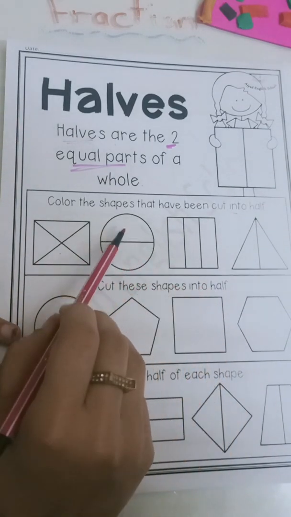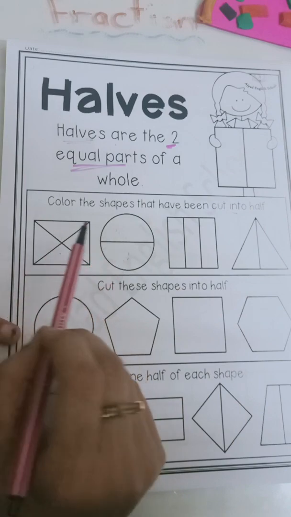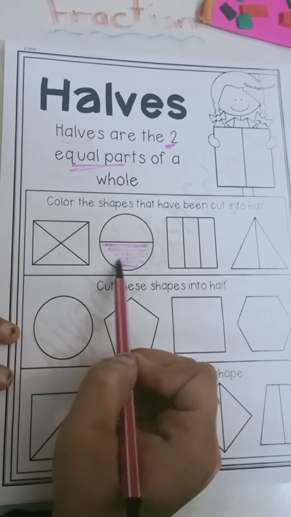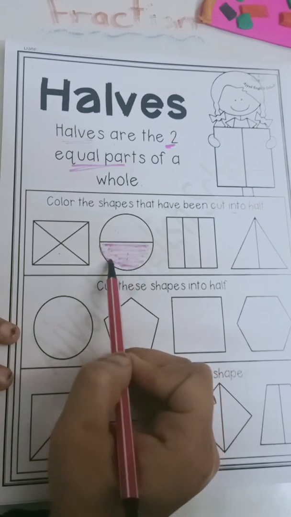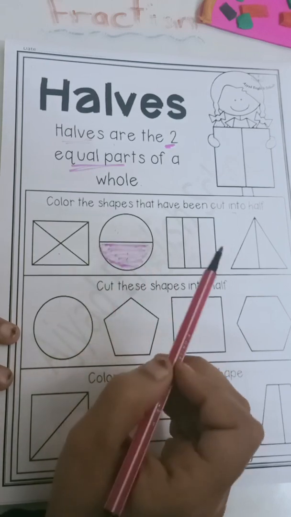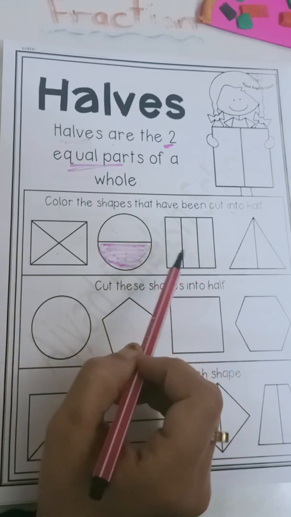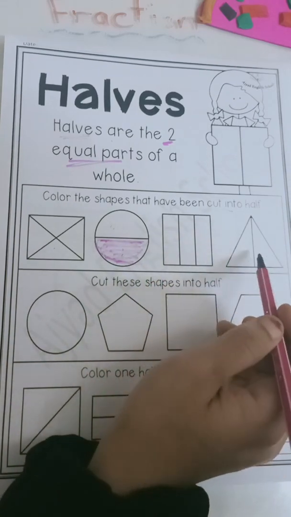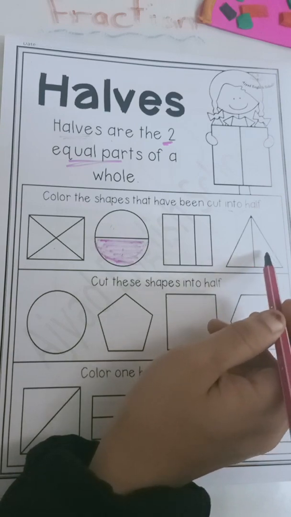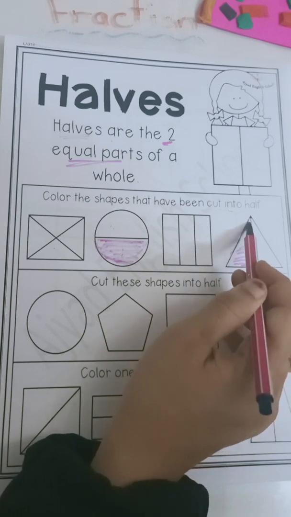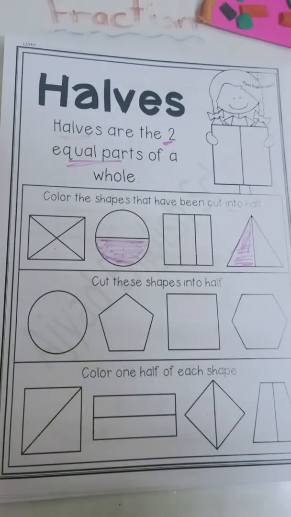Okay, we have here two parts, so I will color one of them. Here how many parts? 1, 2, 3. We have 3 equal parts. Okay, but here we have 2 equal parts, so I will color one part only.